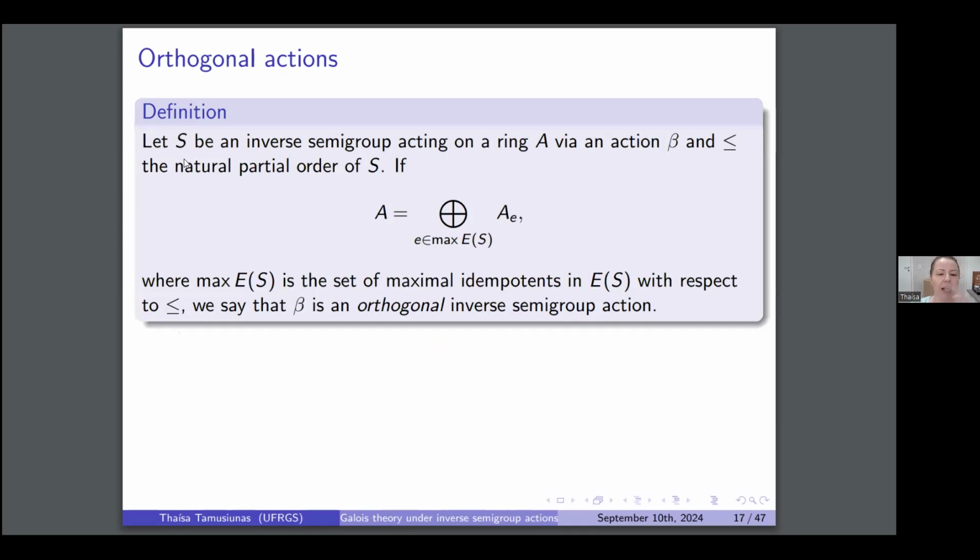So translating this condition from groupoids to inverse semigroups.